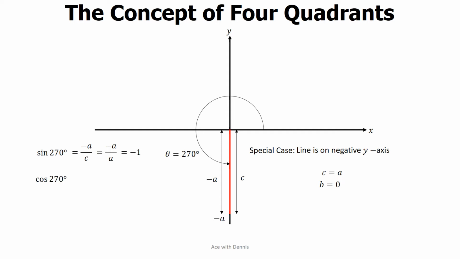For cosine 270 degrees, it is B over C, and since B is 0, it will be 0 over C, and cosine 270 degrees equals 0. For tangent 270 degrees, it is A over B. Since B is 0, it will be A over 0, and again it will be infinity.